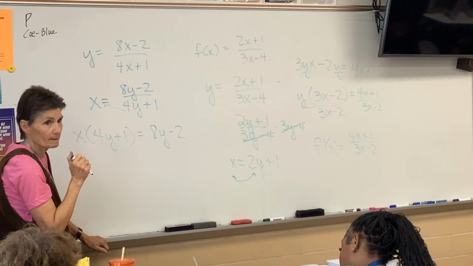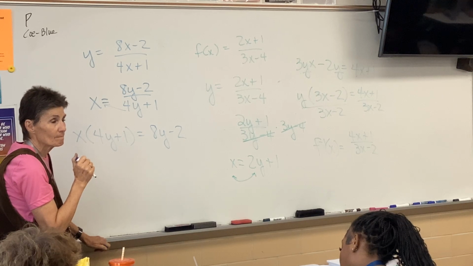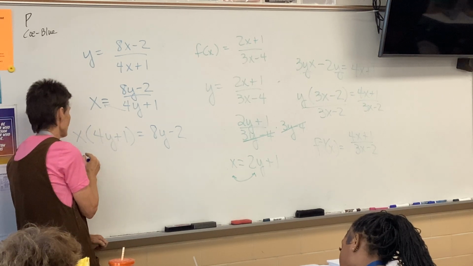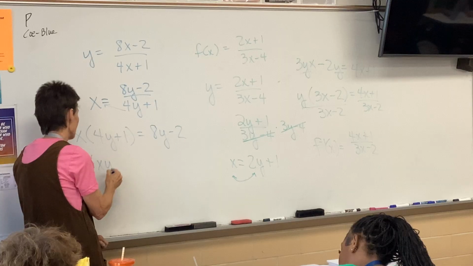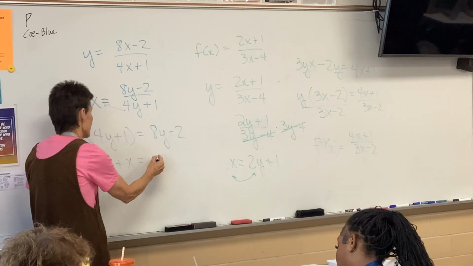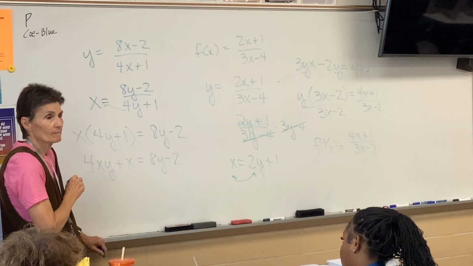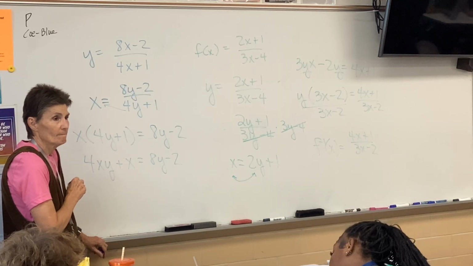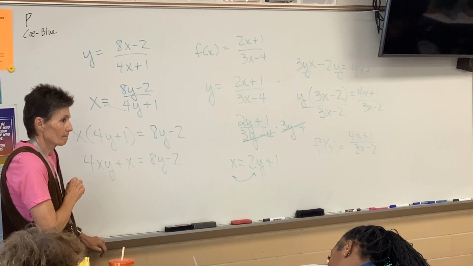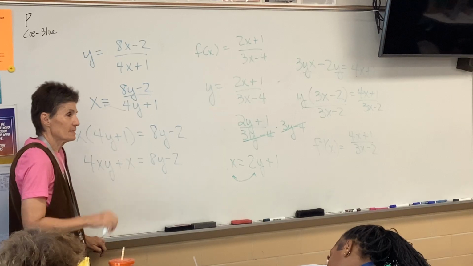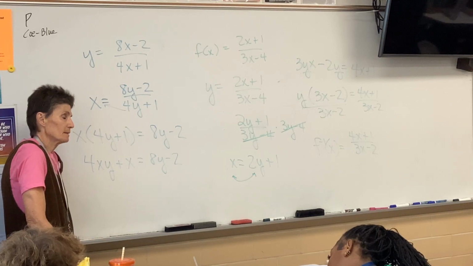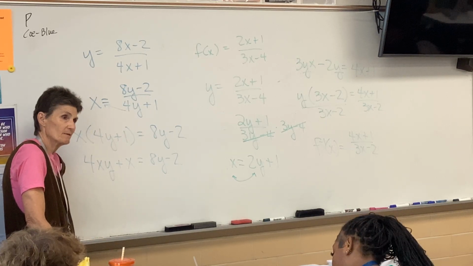Now what do you think? Distribute. So 4xy plus x equals 8y minus 2. And then this is the step that a lot of times we forget, but it's a very, very important step.